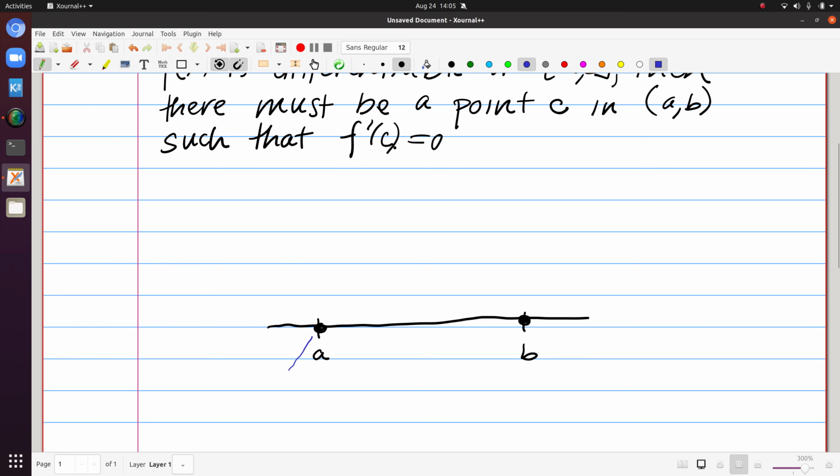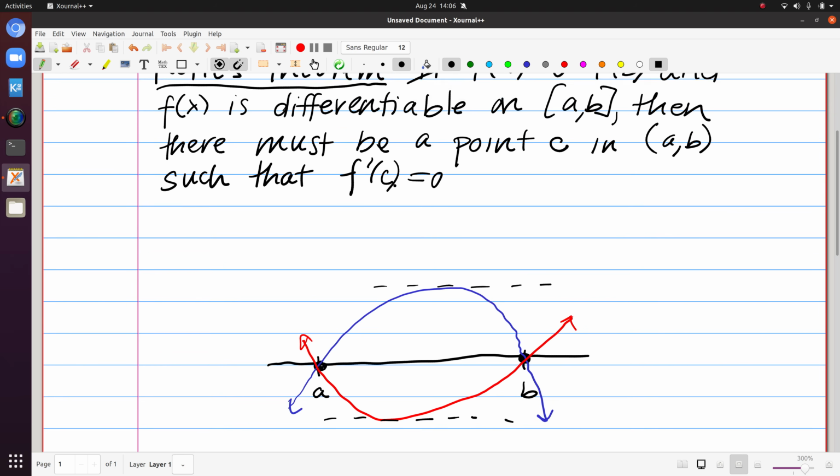So for instance, we could have a function that looks like this. Alternatively, the function could do something like this. But essentially, what would have to happen is that somewhere we would have to be able to find a tangent line that's horizontal.